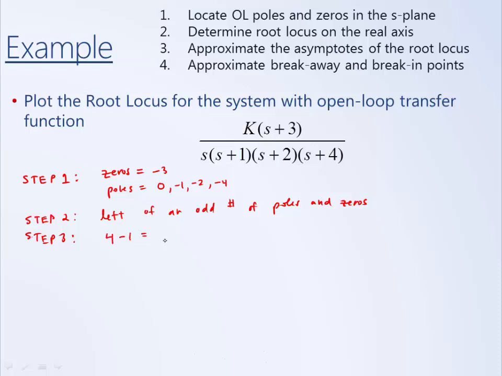So 4 poles minus 1 zero equals 3 zeros at infinity. And we will memorize that this corresponds to directions of 60 degrees, 180 degrees, and 300 degrees, though we won't know exactly where these asymptotes intersect.